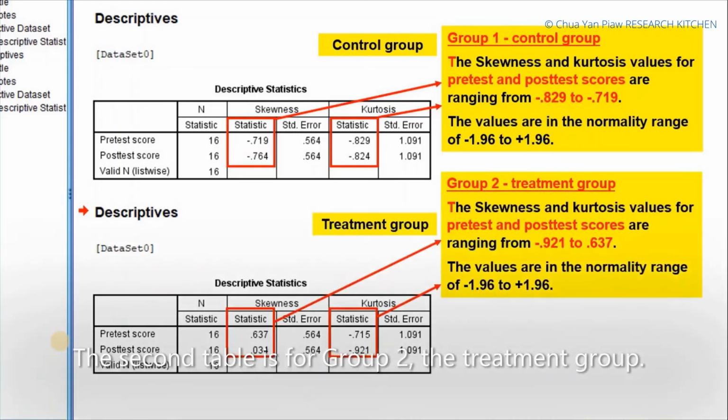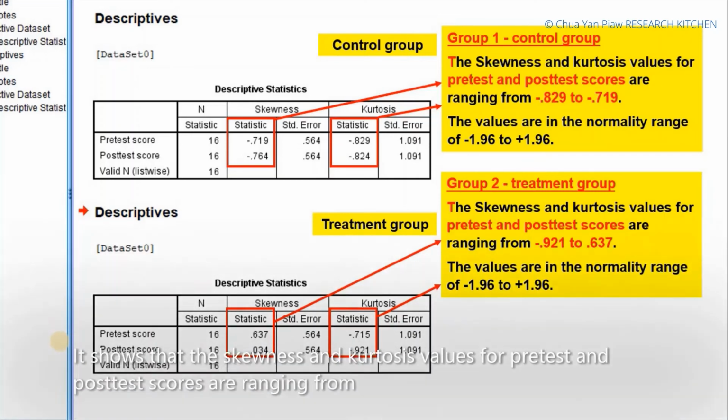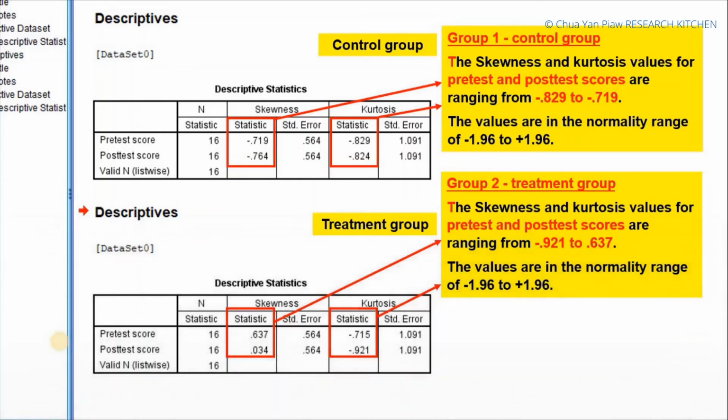The second table is for Group 2, the treatment group. It shows that the skewness and kurtosis values for pretest and posttest scores are ranging from negative 0.921 to 0.637.